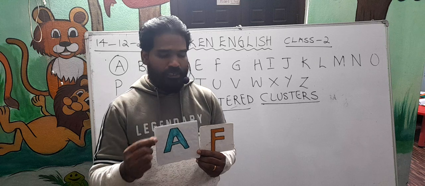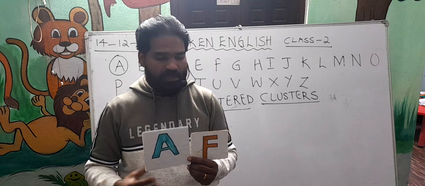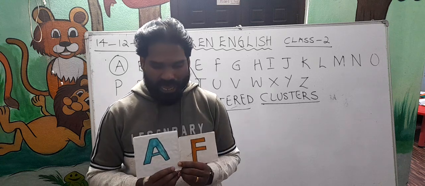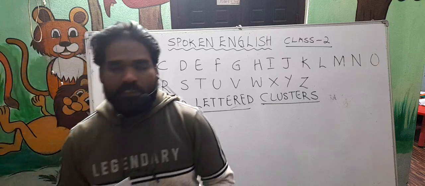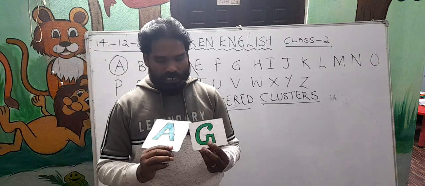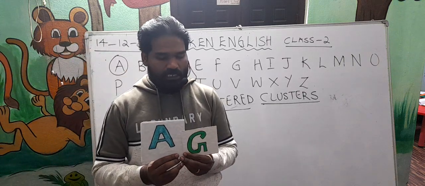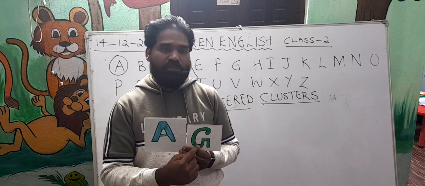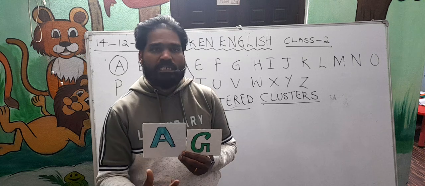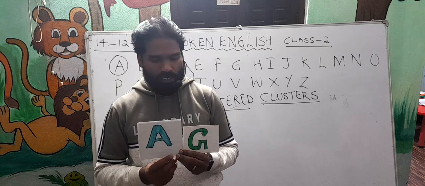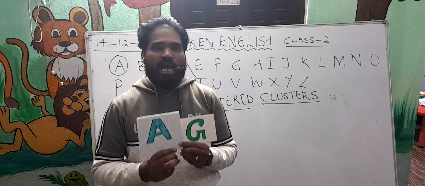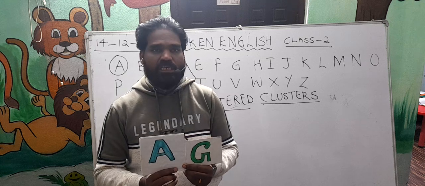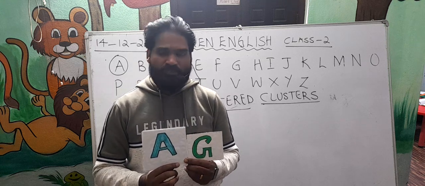You write down and also keep pronouncing it as many times as possible. Moving on to the next one, this is G, AG. Remember, G can be sounded in two different ways. Both ways it's okay. AG, ag. Both ways are fine.